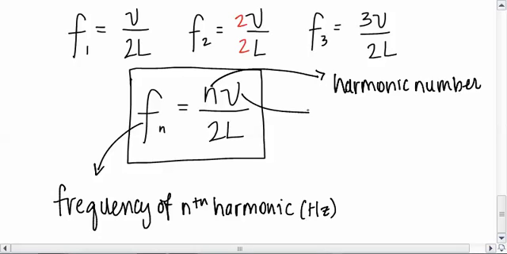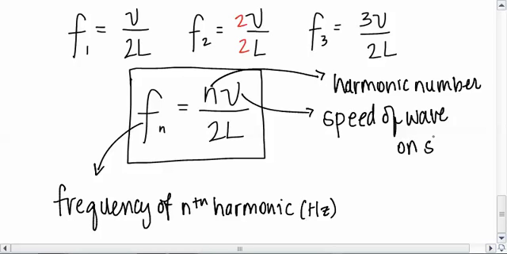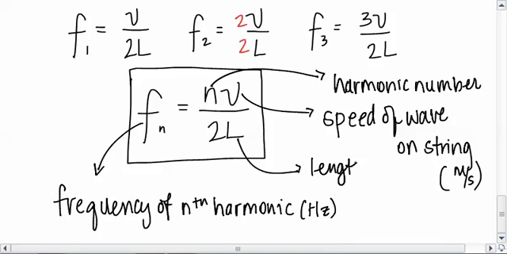This is the speed of the wave on the string, still measured in meters per second like speed always is. And this is the length of our string, still measured in meters.